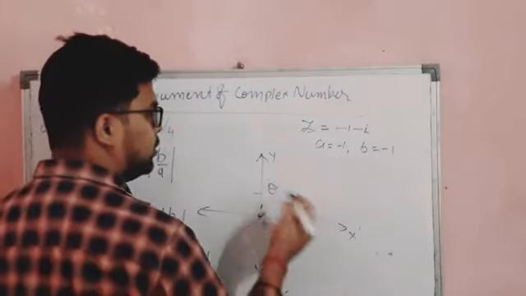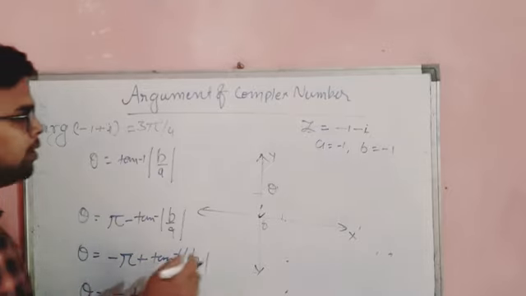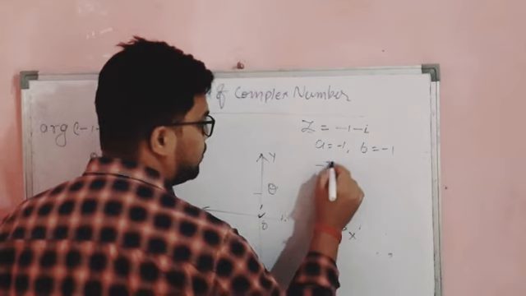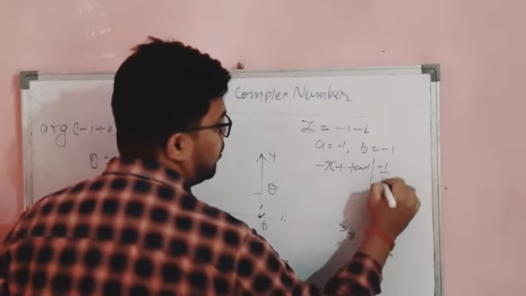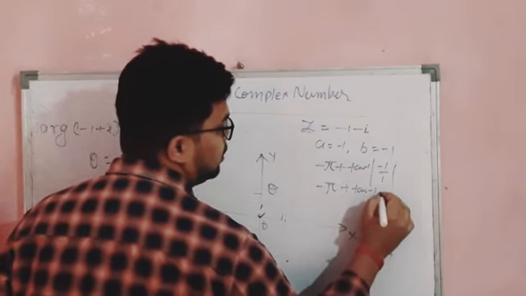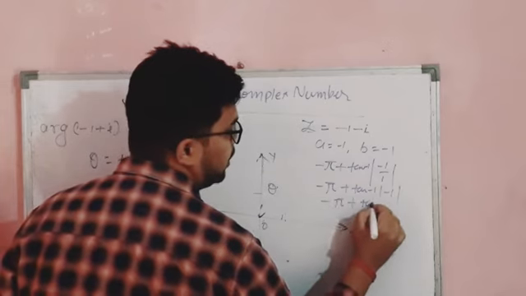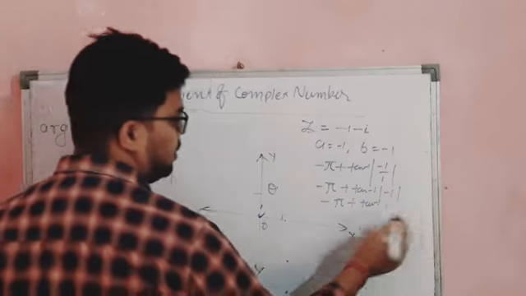Minus 1. If any complex number is in the third quadrant, the principal value of theta will be minus pi plus tan inverse mod of b upon a. So minus pi plus tan inverse 1, because mod of minus 1 is equal to 1.